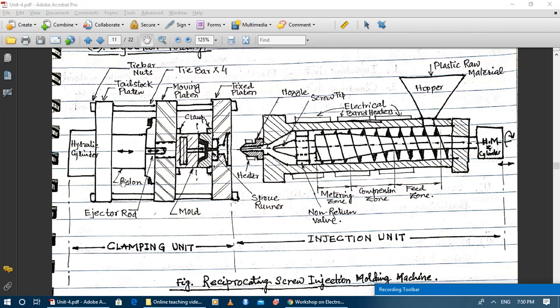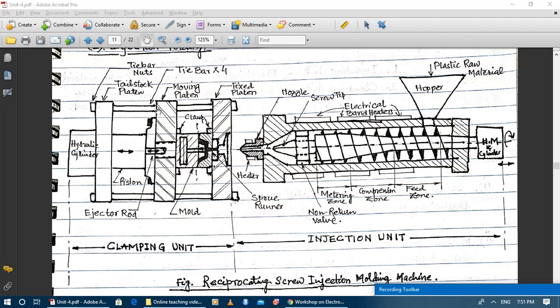You can see this is the piston, and it can move in the forward and backward direction, so it assists in the opening and closing of the mold. Then you can see there are tie bars. A tie bar is a very strong metallic bar connecting the tailstock platen to the fixed platen, and the moving platen can slide on it.